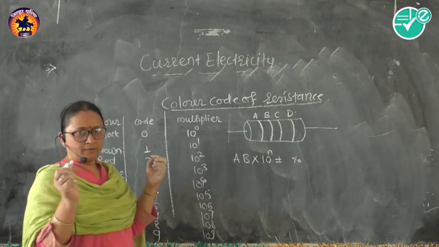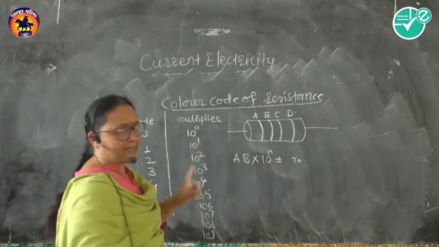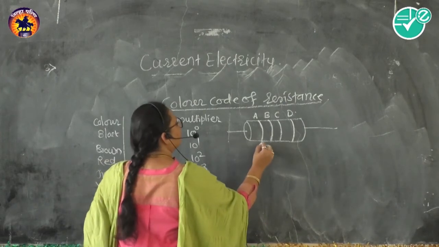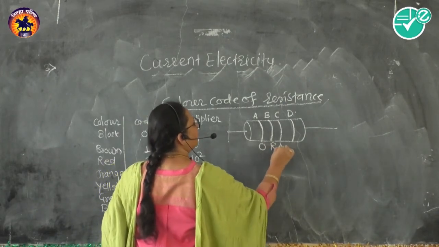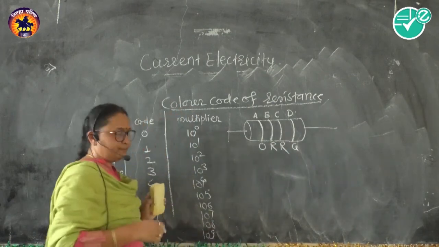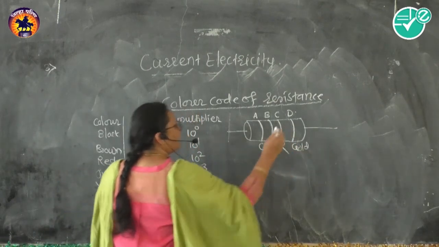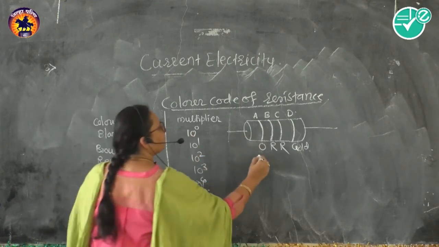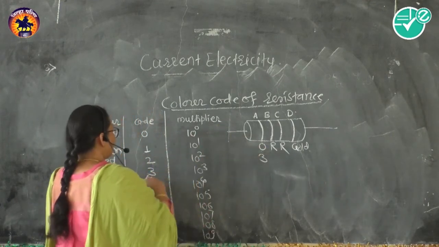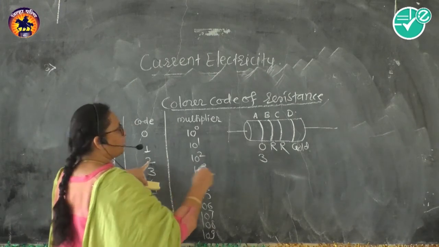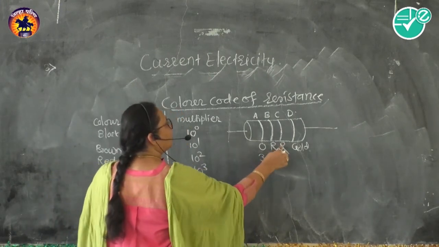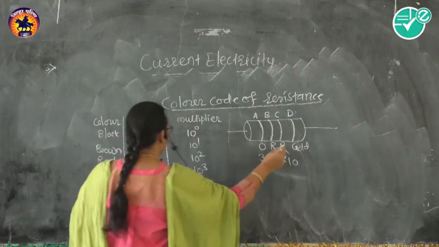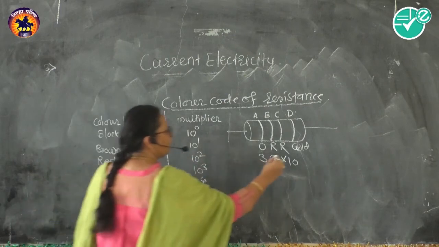We take a simple example: suppose these color bands are orange, red and gold. Here orange means its code is 3. First A, B are simultaneously written. Red means 2. Now the third one is always a multiplier, so that will be 10 to the power, again red, so 10 to the power 2.